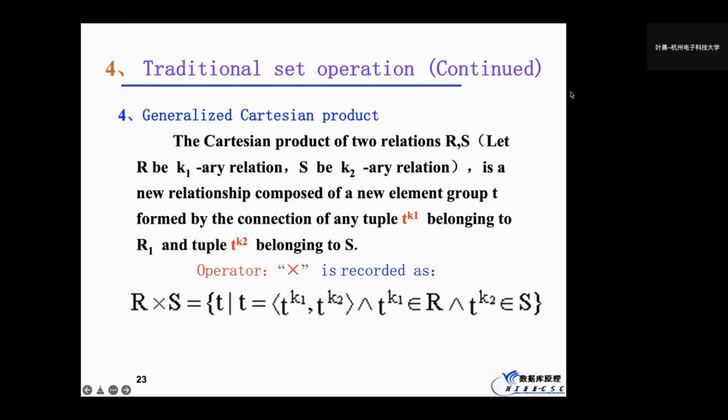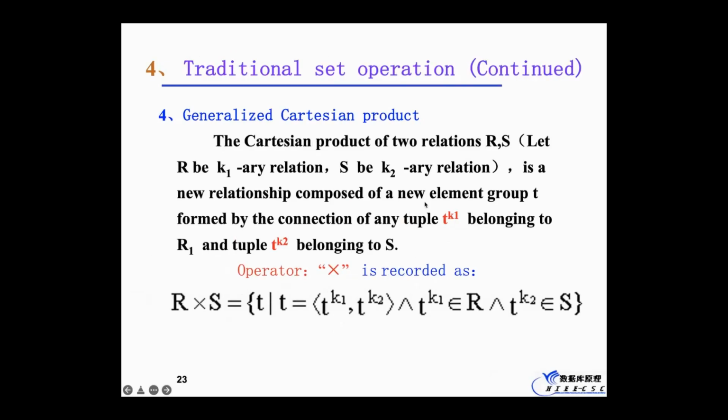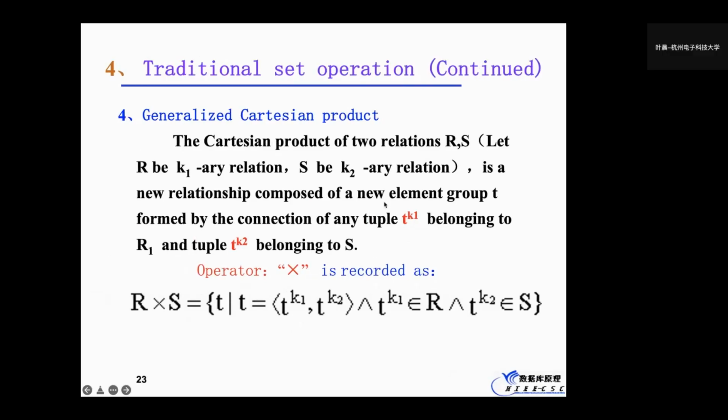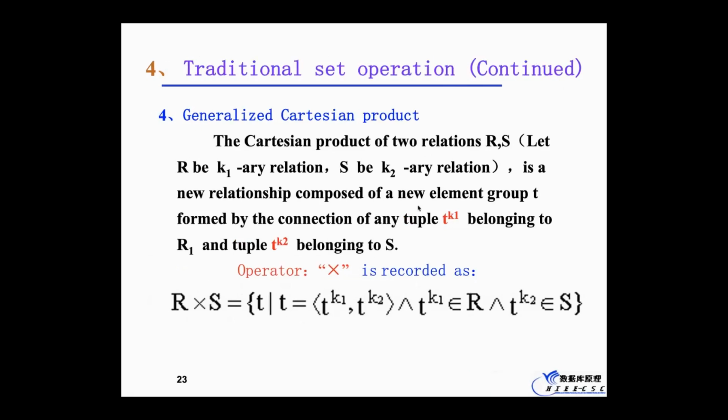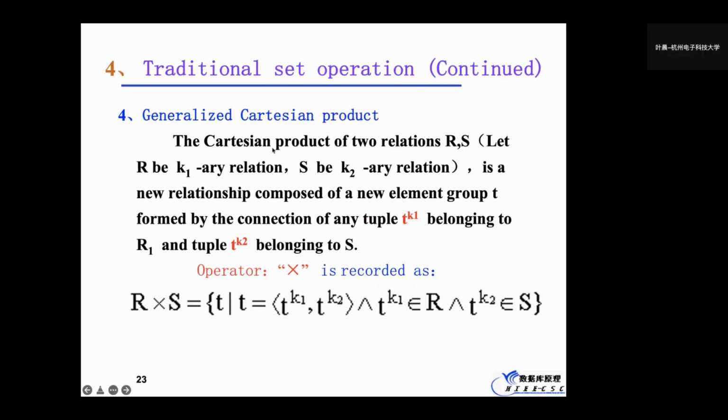Then let's see what the generalized Cartesian product is. The Cartesian product of two relations R and S: let R be a K1-ary relation and S be a K2-ary relation.